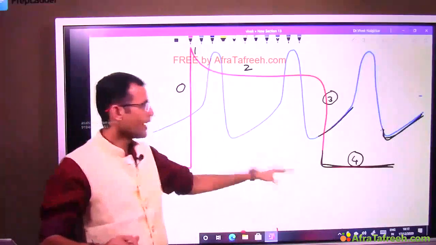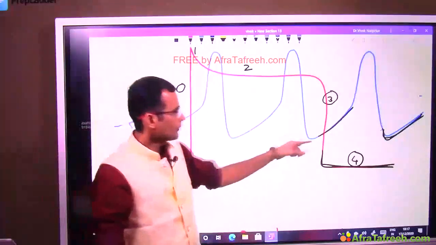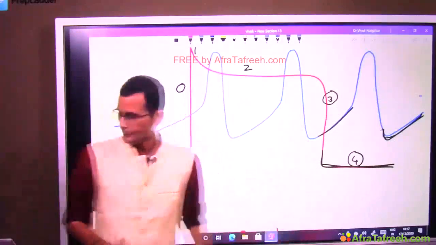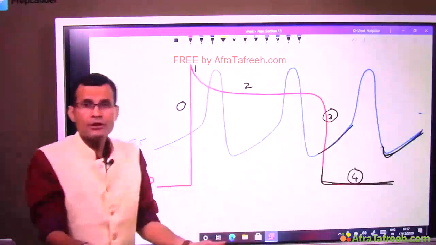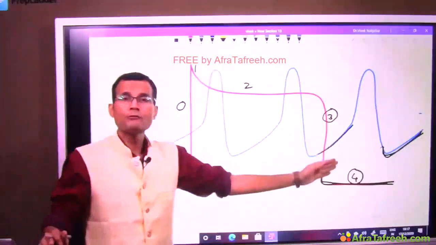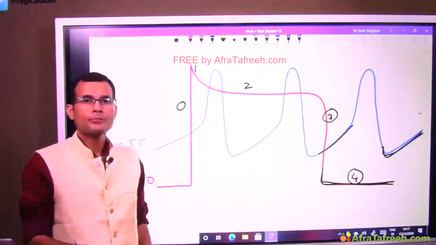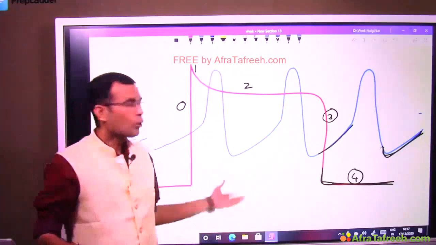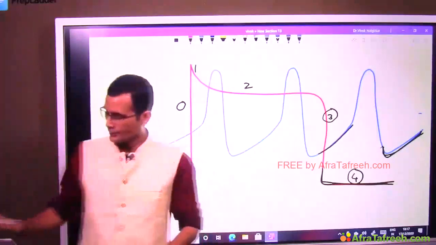That is also the second point which I wanted to discuss in this diagram: this phase in the SA node versus this phase in the Purkinje fiber. And I have already mentioned that the slope of phase 4 is the one which determines whether a fiber will be automatic or not.